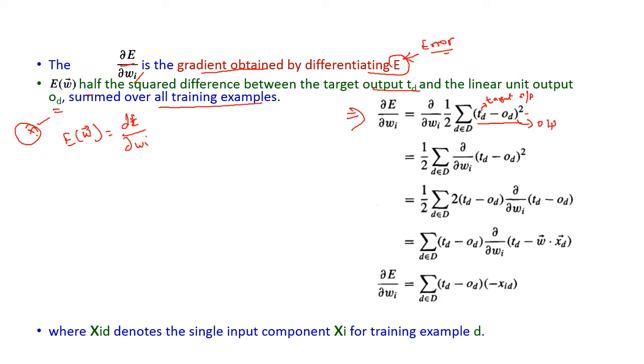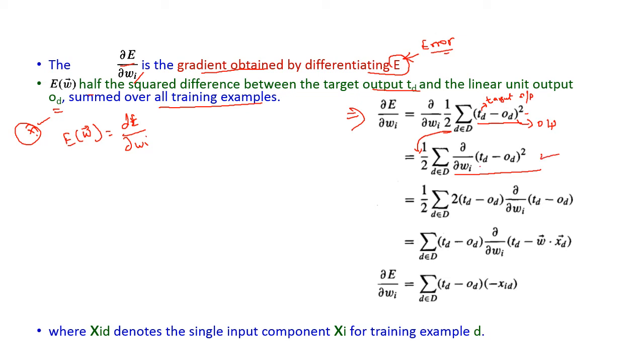Now we put this half outside the summation and the differentiation, and we get 1/2 summation of d belonging to D of the differentiation of (TD minus OD) whole squared divided by the differentiation of Wi.